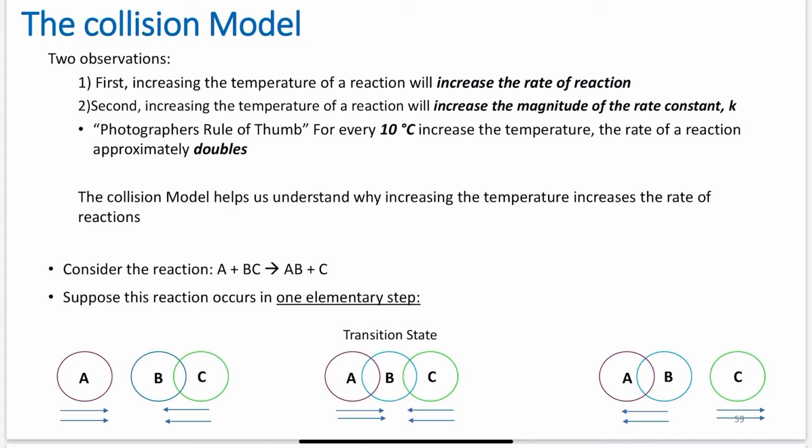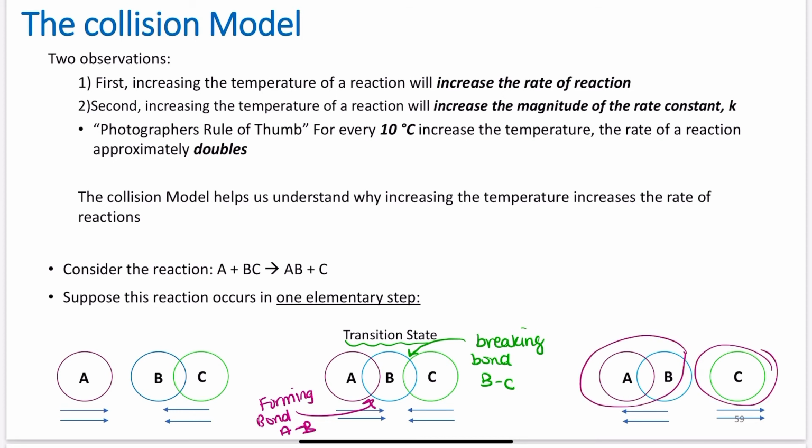So A and BC have to come together. They have to collide, with sufficient energy and the proper orientation in space. During this transition state, I am breaking the bond between B and C, and I am forming the bond between A and B. Once broken between B and C and formed between A and B, the particles move off in their own directions again.